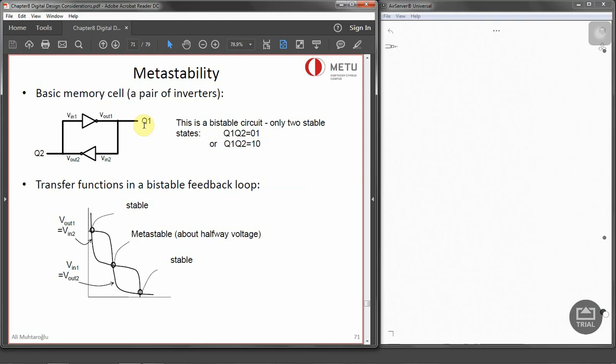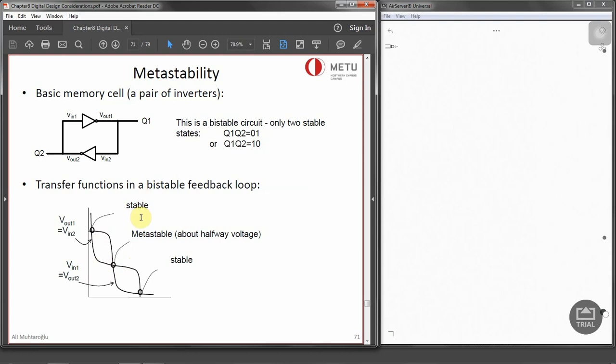But the transfer function of a memory can oscillate. It can occur when two asynchronous signals combine in such a way that the resulting output goes to an intermediate state, and the output oscillates between 0 and 1.